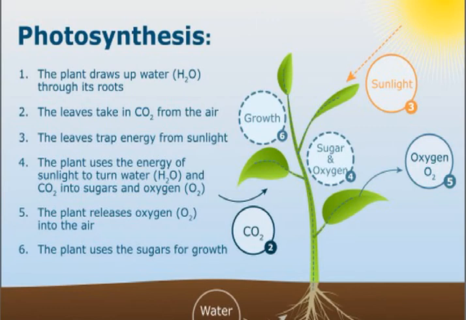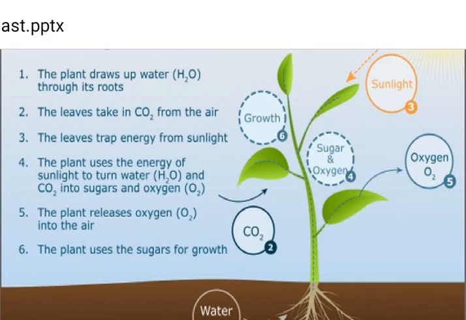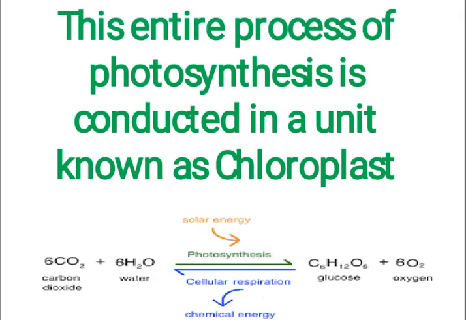The plant uses energy of sunlight to turn water and carbon dioxide into sugars as well as oxygen. The plant releases oxygen into the air, which is indispensable for life, and uses sugars, that is carbohydrates, for the purpose of their growth and development. This entire process of photosynthesis is conducted in a specialized unit, and that unit is known as chloroplast.